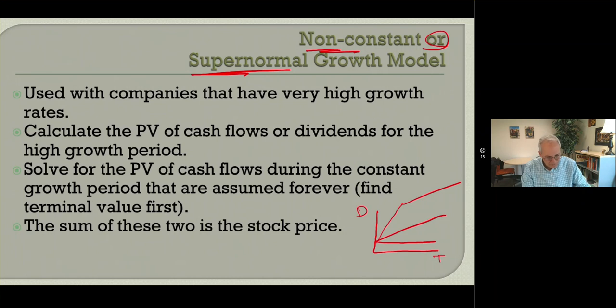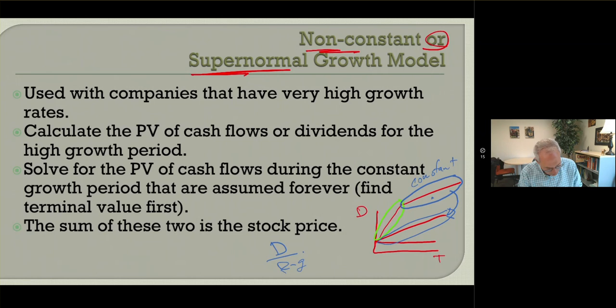So when we do that, we've really got 2 problems here. We have this supernormal growth period right here, and then we have this constant growth right here. So for the second part, we're going to use the same formula that we just got done doing, that D divided by R minus G formula.